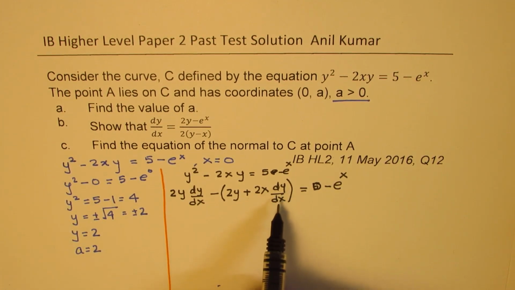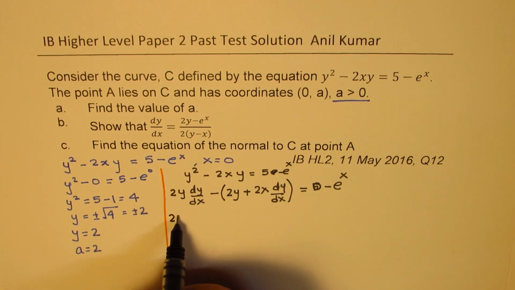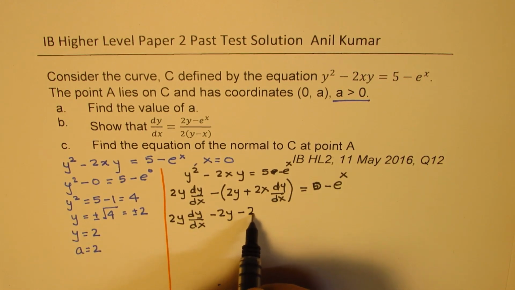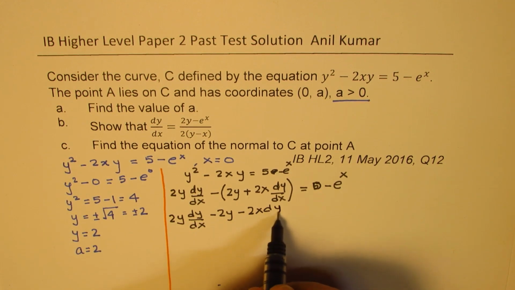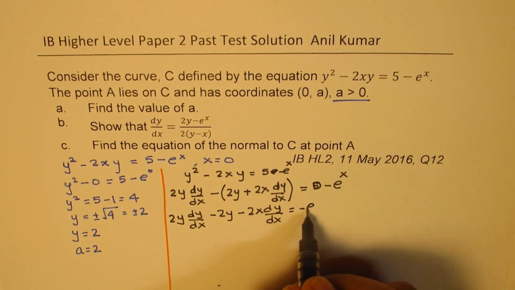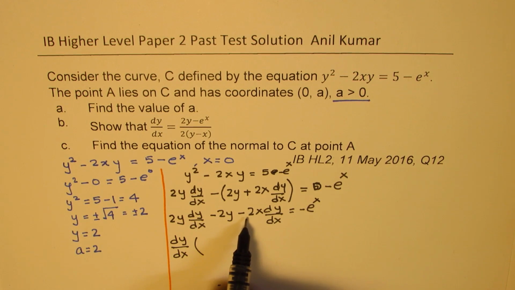We can isolate dy/dx. So what we have here is 2y dy/dx minus 2y minus 2x dy/dx equals minus e to the power of x. Taking dy/dx common, we get (2y minus 2x), right?